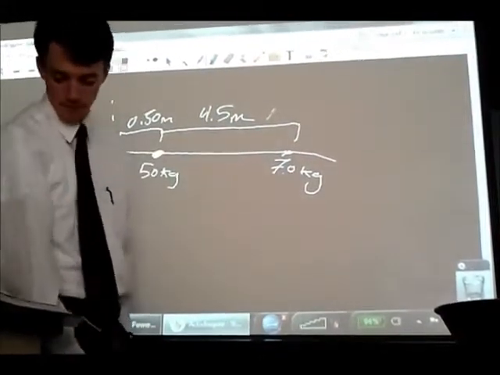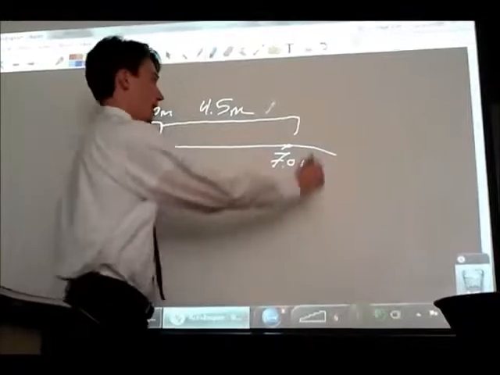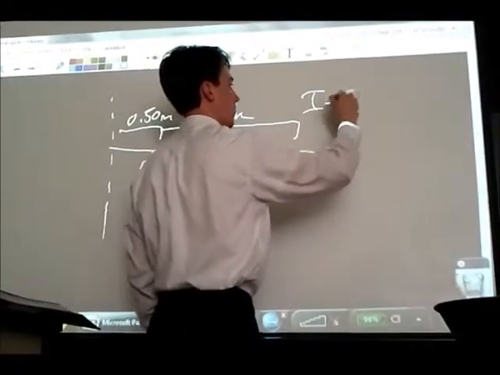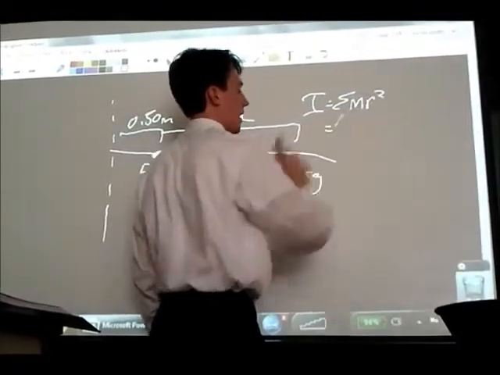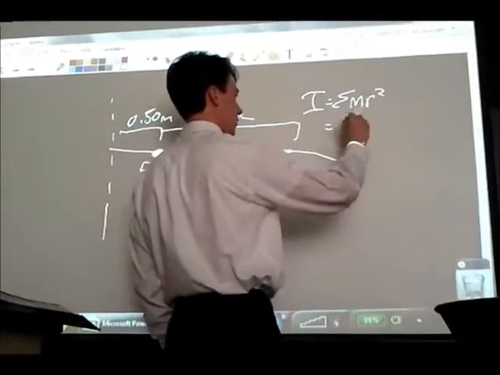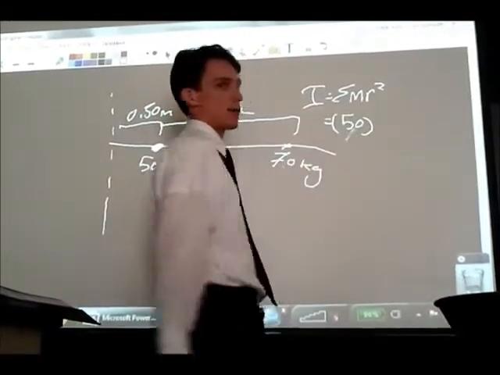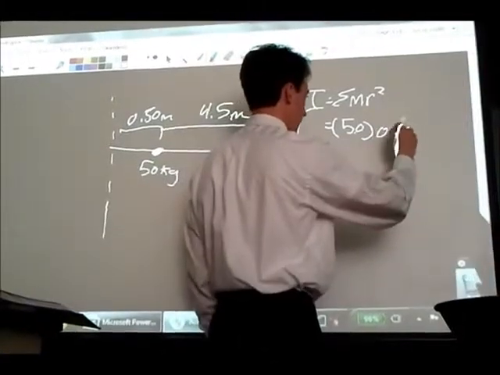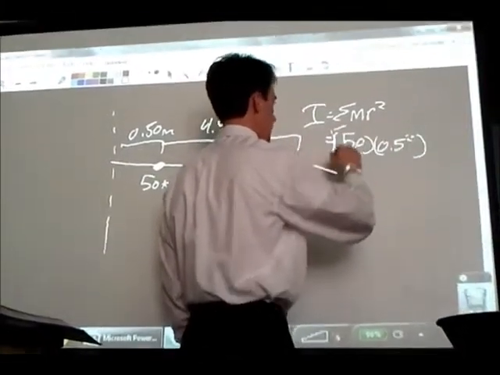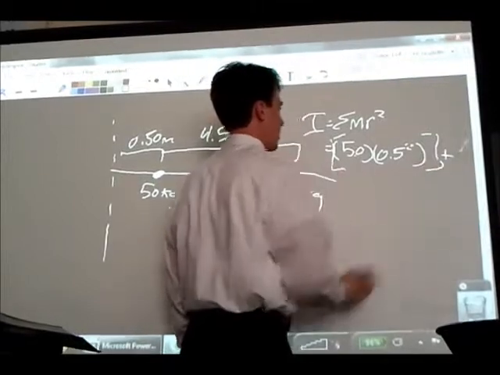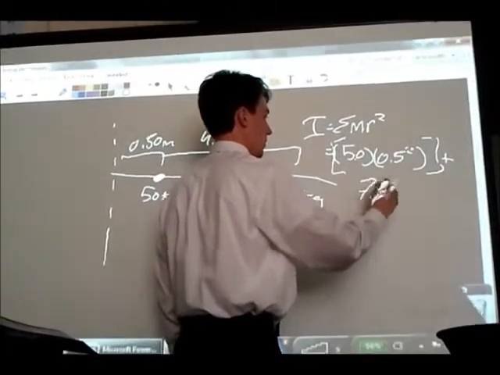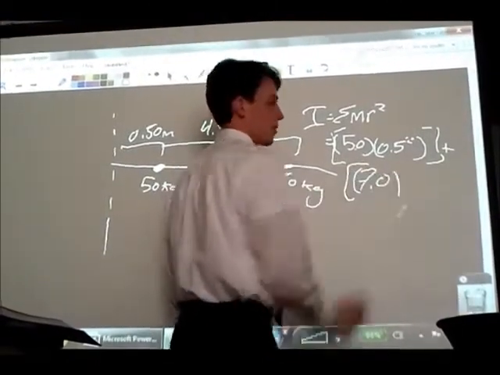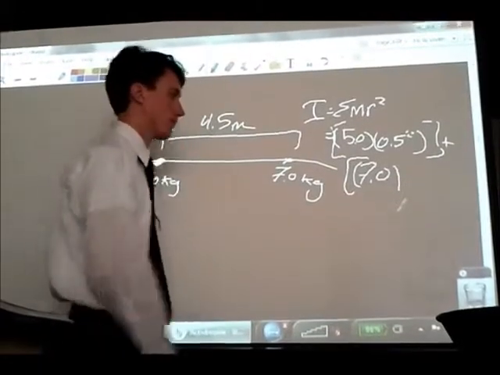This time we're going to have to do the moment of inertia again. When we add them all up, mass 1 is 5. What's the radius for mass 1? 0.5, squared, in parentheses. Add it to mass 2. What's the radius for mass 2? 4.5.